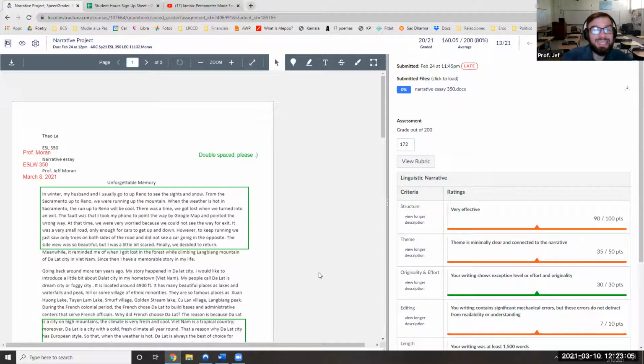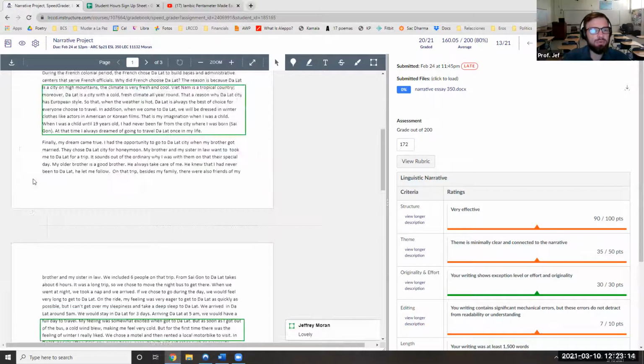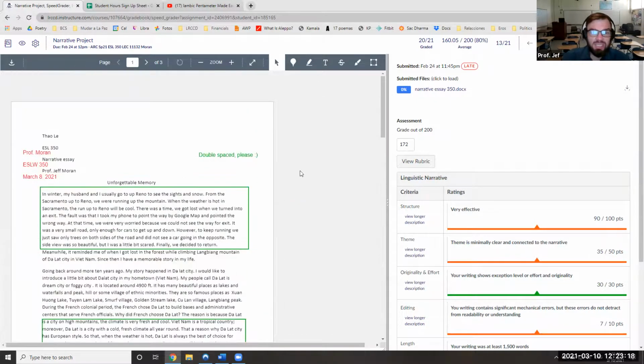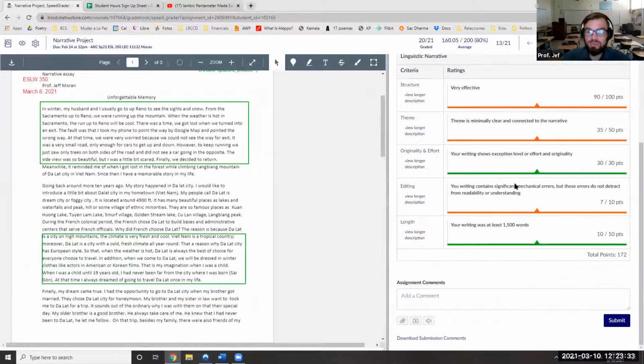If I've put some sentences or a paragraph in a green box, that means this is good, more like this. If you see red text or red boxes, that means there's some error, a problem. It could be a grammar error, a structure error, or, the most common error for these first drafts, a problem with the theme. So green means good. Red means something to improve for your second draft. Then sometimes I put additional comments here.